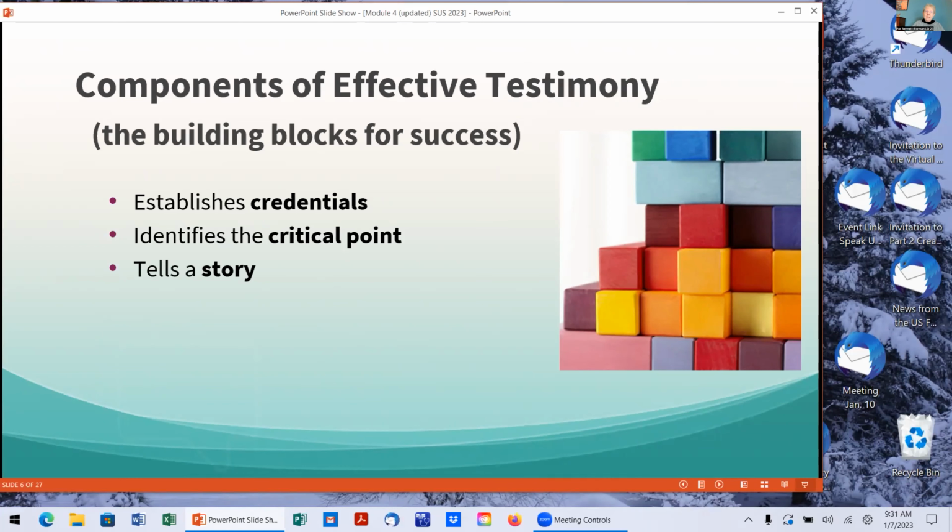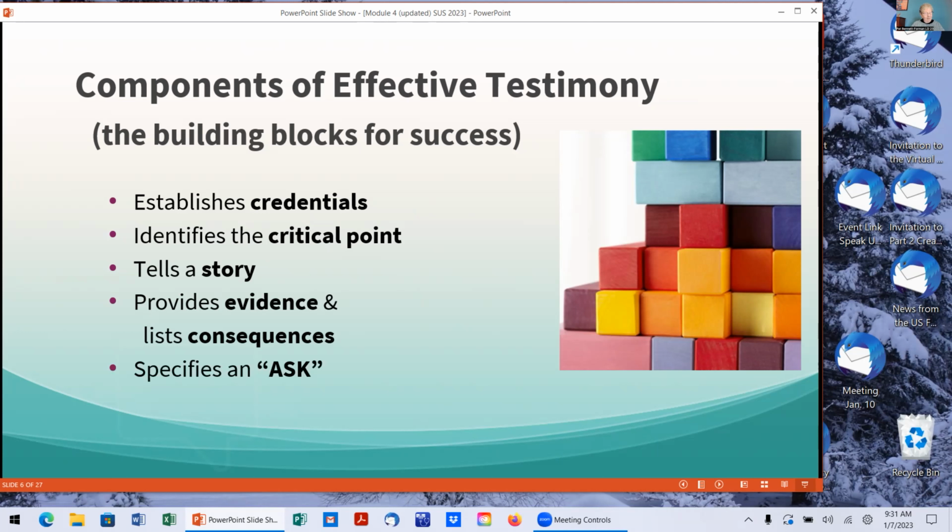Third, the best testimony tells a story that engages the audience, or in this case, the decision maker or legislator that you're talking to. Fourth, facts or evidence to support your points are succinctly provided, and consequences of not following your suggestions or recommendations, if you know them, are spelled out. And lastly, effective testimony makes a specific ask, what you want the decision maker to do.